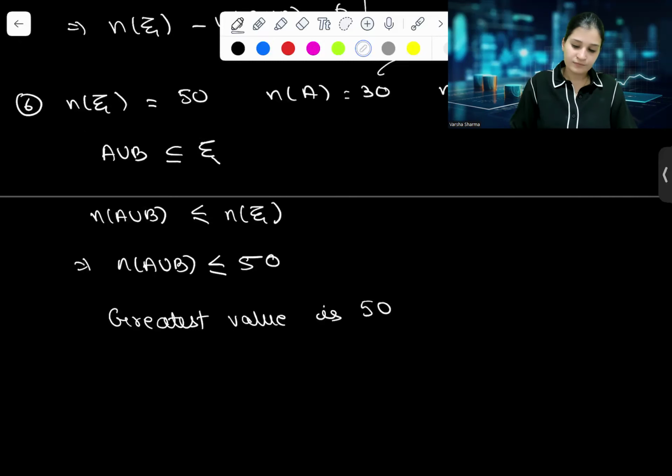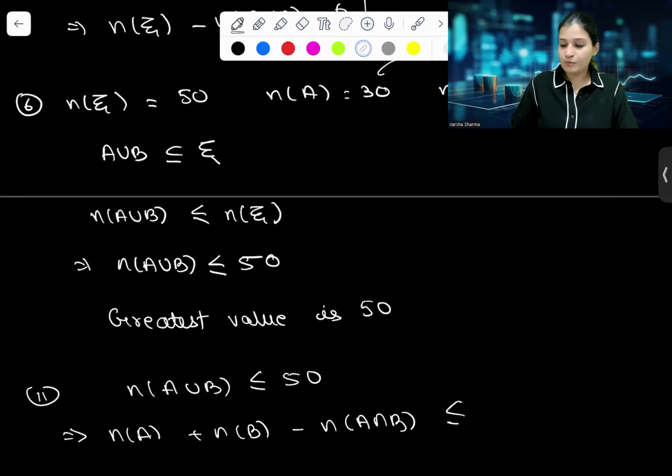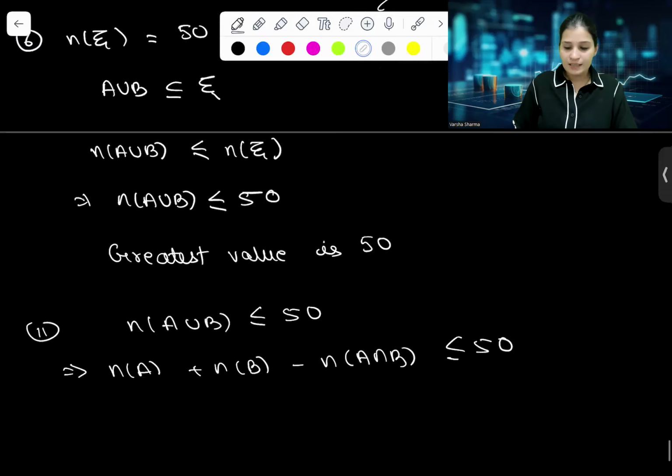So the greatest possible value is 50. Second, what is the least value? Now we know that the union of two sets is smaller than or equal to 50. So A plus B minus intersection is smaller than or equal to 50. A is how much? 30. This is 28. 50 comes here.